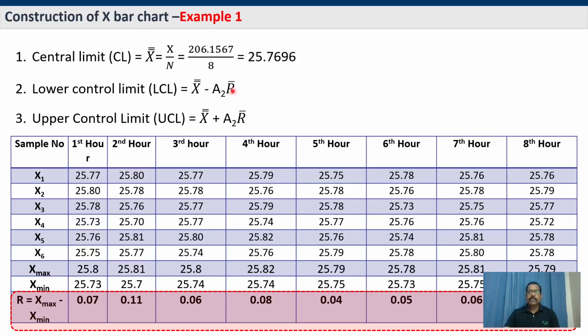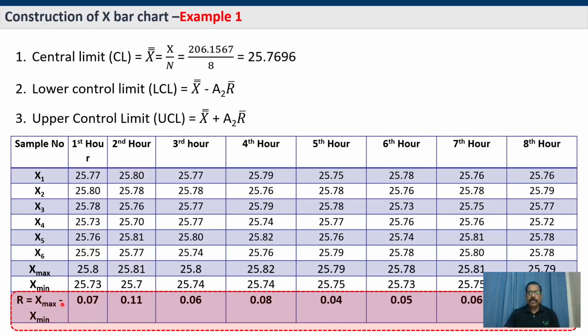R means range. To calculate the range, first you should know the maximum and minimum, which are estimated in this table. Maximum from this is 25.8, minimum is 25.73. The difference, X max minus X min, gives you R. So this is R only, not R bar.